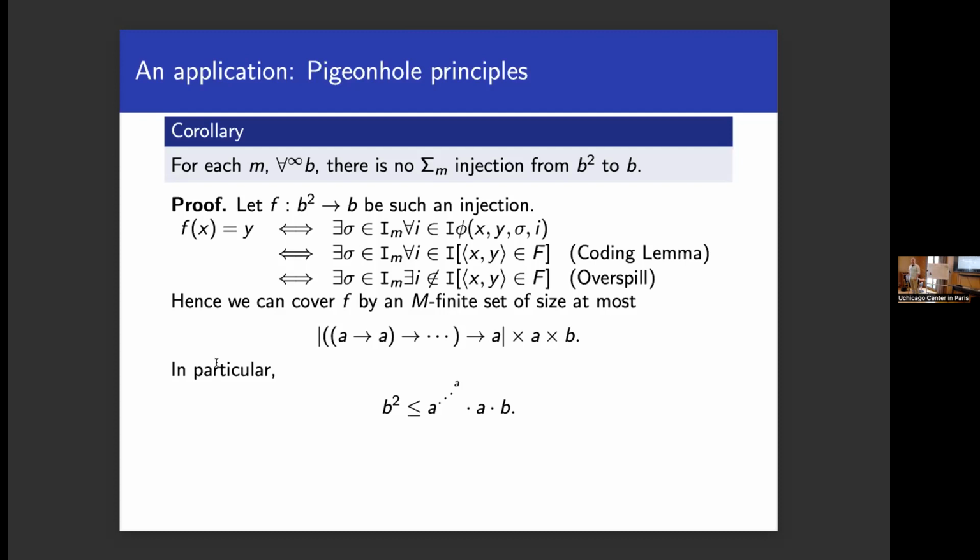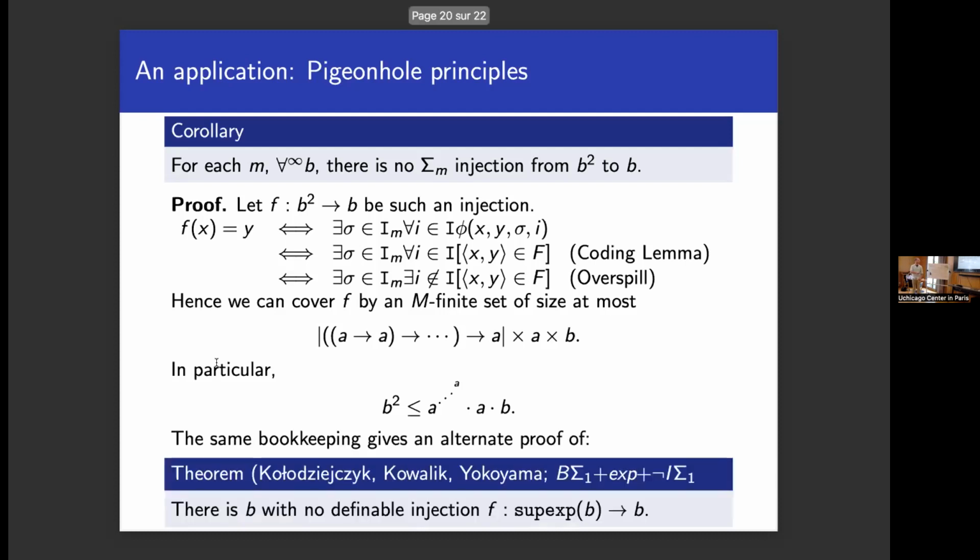And you can play with this bookkeeping a number of ways. For example, it gives an alternative proof of a very recent theorem of Leszek and friends. Their proof used some model theoretic techniques having to do with automorphisms.